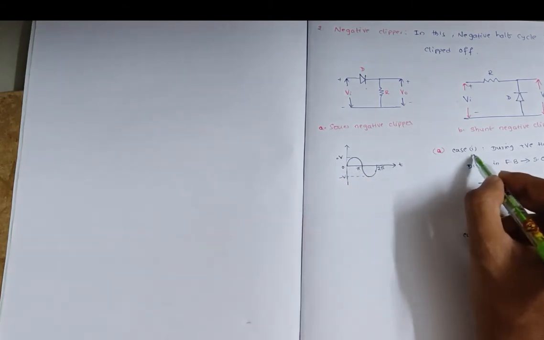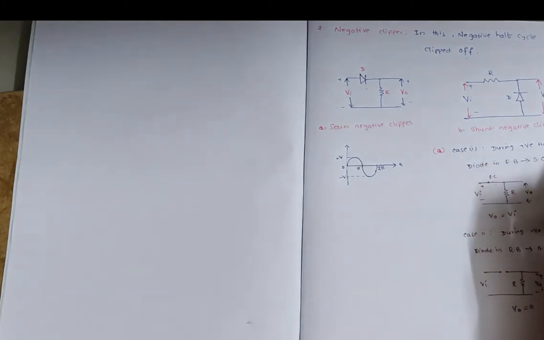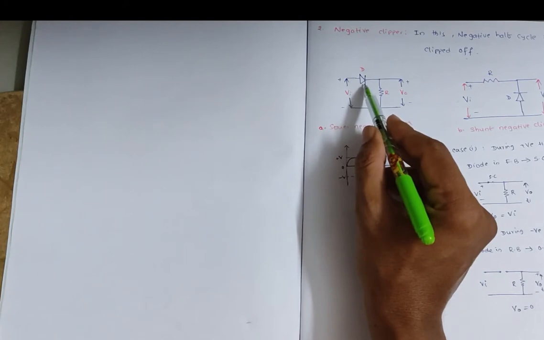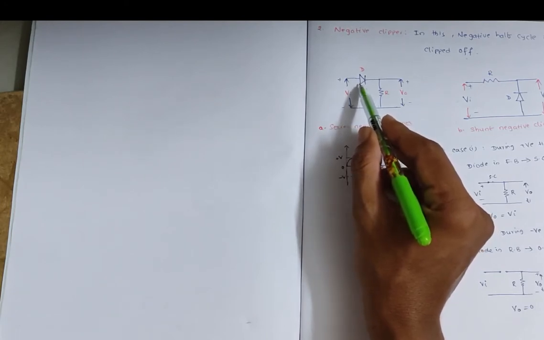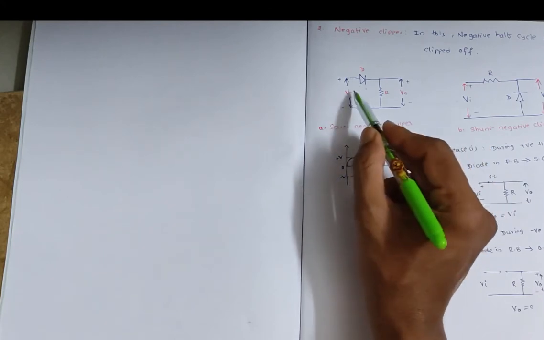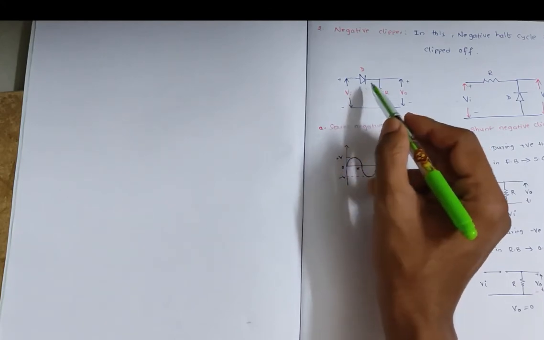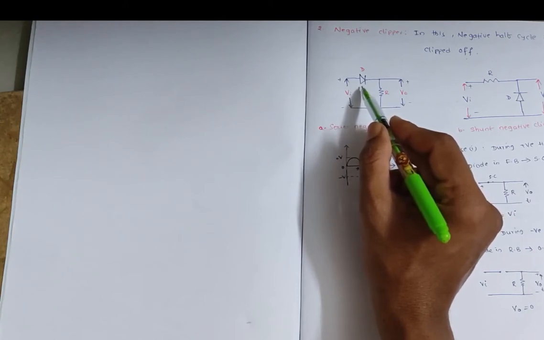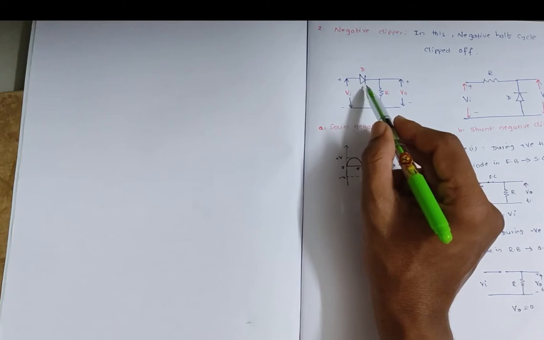Case 1, during the positive off cycle. We are applying the positive off cycle to our diode. The diode anode terminal is connected to our Vi. So during the positive off cycle, the diode becomes forward biased. When it is forward biased, it acts as a short circuit.